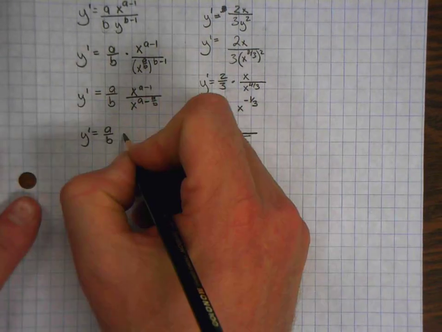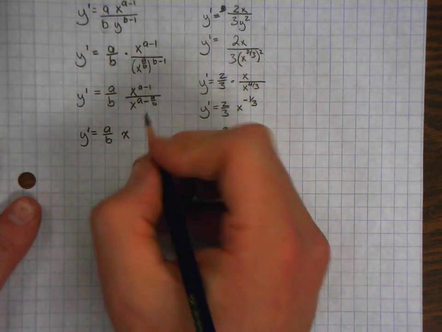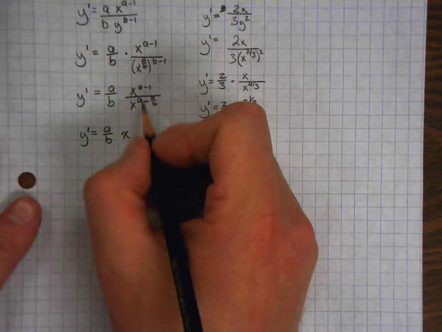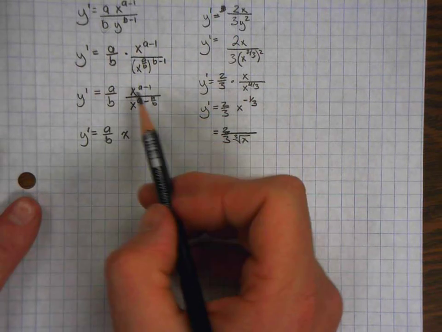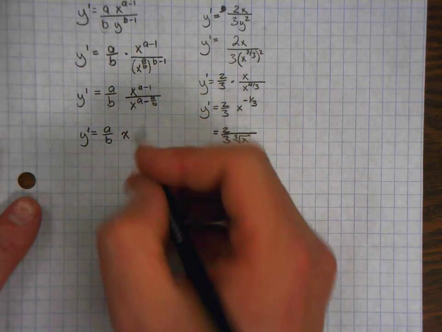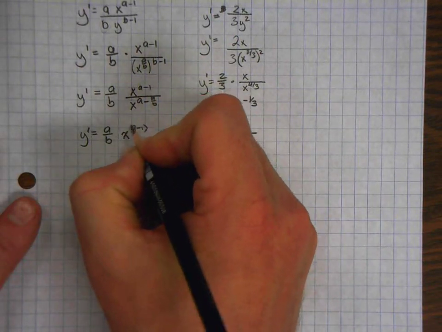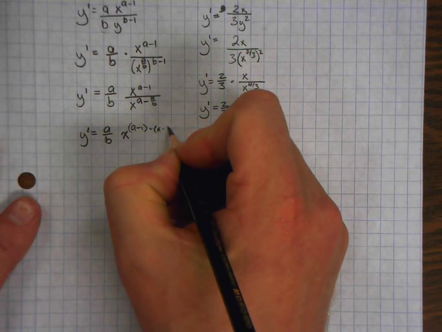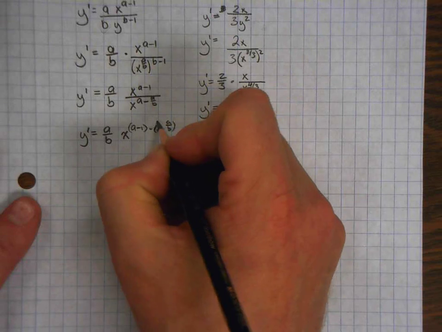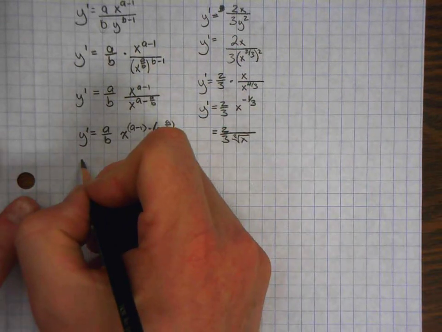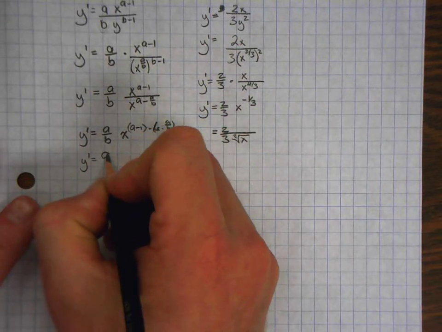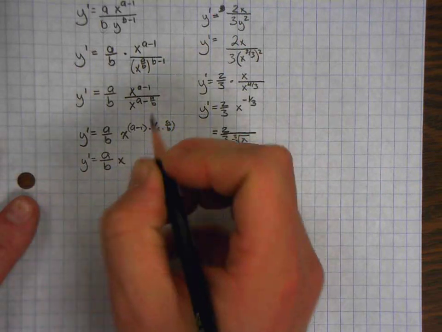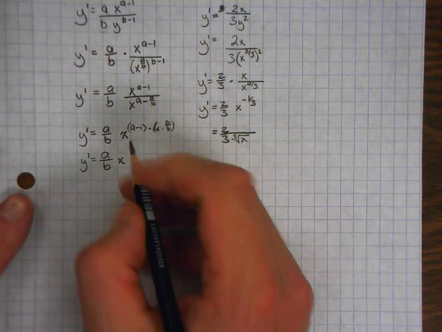A over b times x to the power, well, if you're dividing the same base, you're going to subtract exponents. So that's going to be a minus 1 minus a minus a over b. And so my first derivative is going to be a over b, x to the power, well, a minus a is 0.